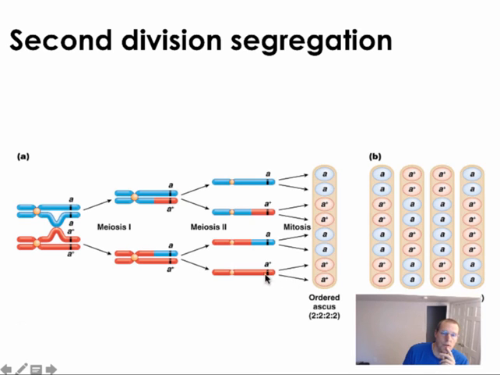And the same thing happens with the A plus. You get this genotype in this spore, and then you get mitosis to produce the duplicate ones. So if you think about it, if you sorted this sister not into one of the top spores but into this one here, when it undergoes mitosis, you get this pair.